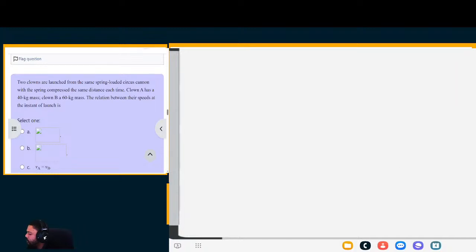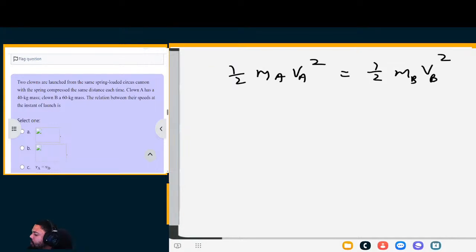If we equate their kinetic energies, a half m_A v_A squared equal to a half m_B v_B squared, the halves cancel.